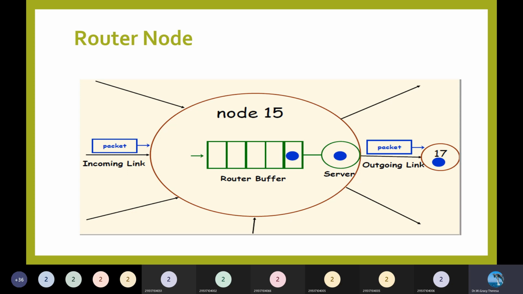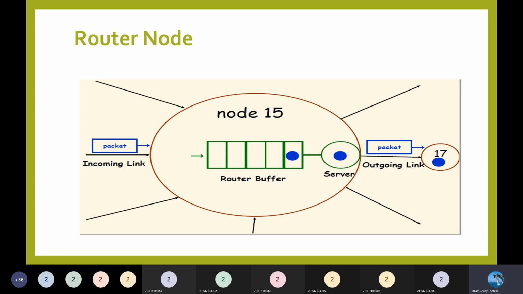Using the routing table, the router decides which particular packet goes where, because as we studied in the data link layer, each packet has a frame format that deals with the source address as well as the destination address.